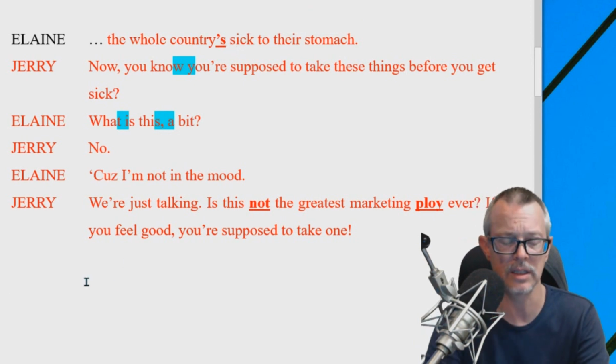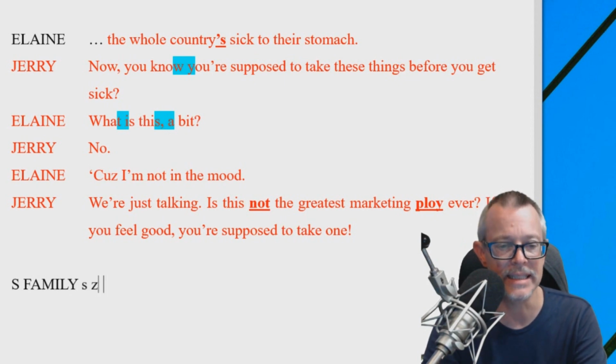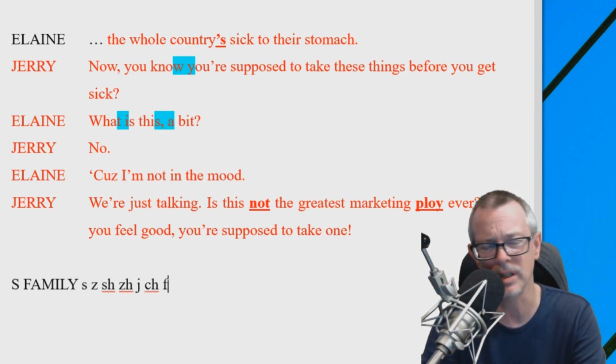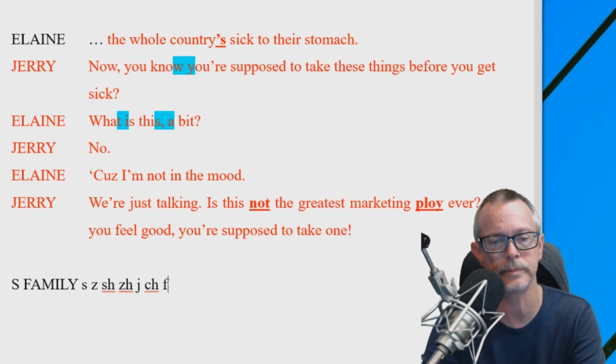What are the similar sounds? In the S family, the similar sounds are S, Z, SH, ZH, J, CH, and even the F, not the V for some reason, but the F can kind of come into this family too.